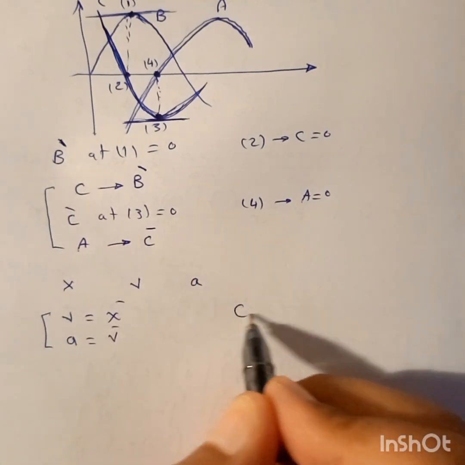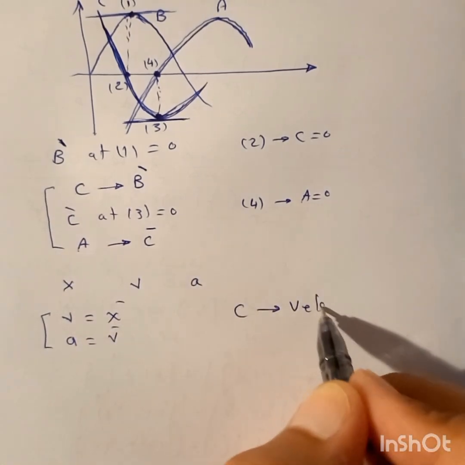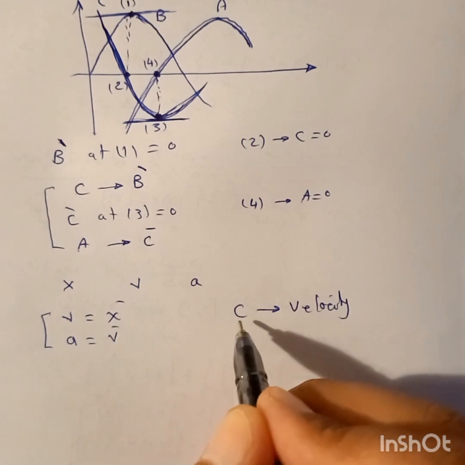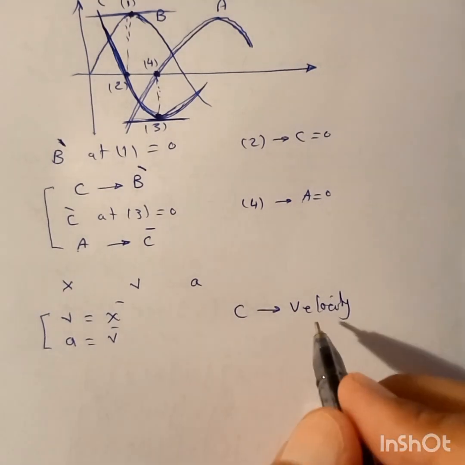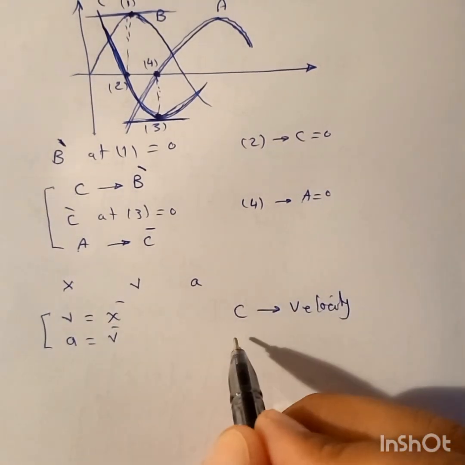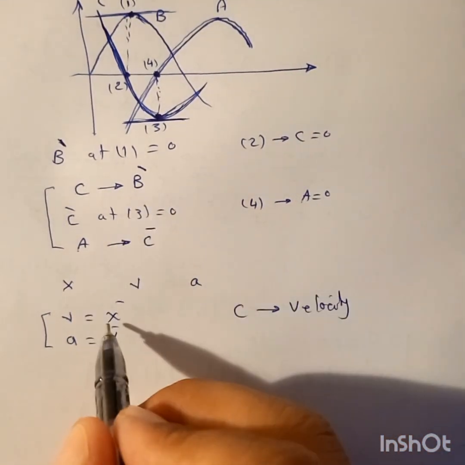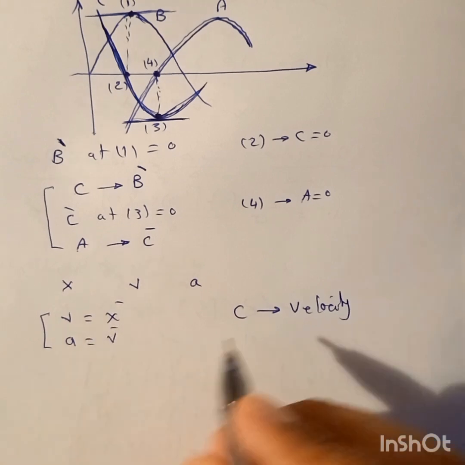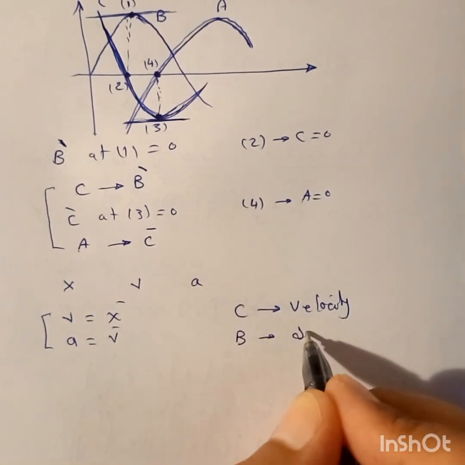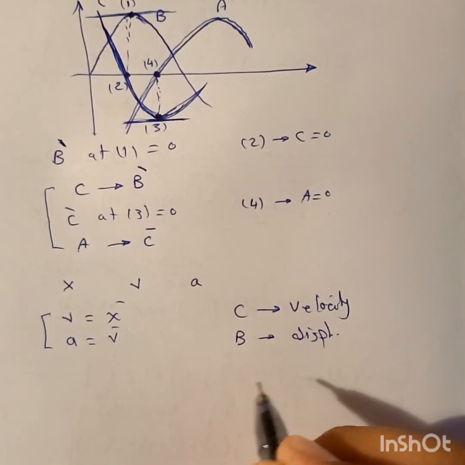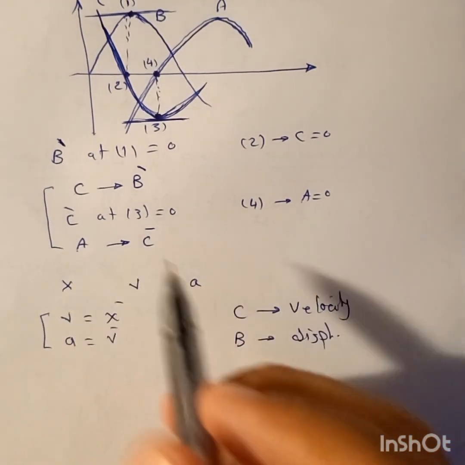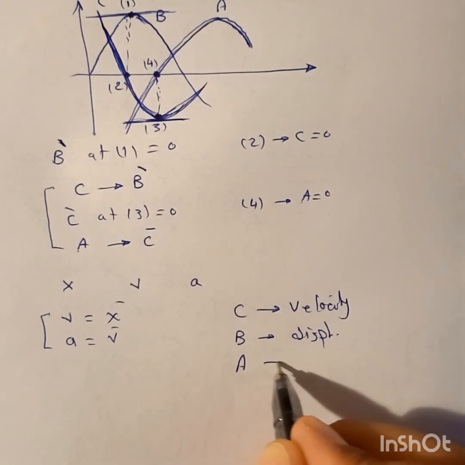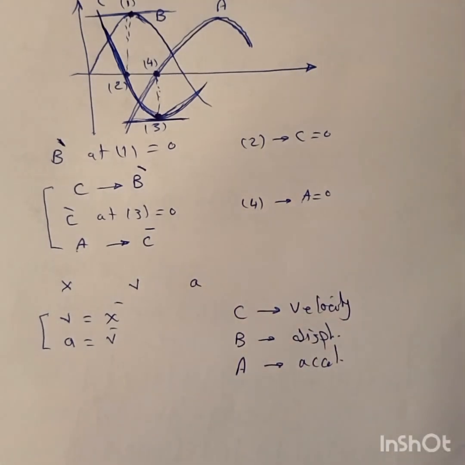Then curve C is the velocity curve. Number C is representing the velocity of this body moving in a straight line, and B corresponds to x. Then B is the displacement of this body, and finally A is the acceleration. Curve number A is the acceleration of this motion.